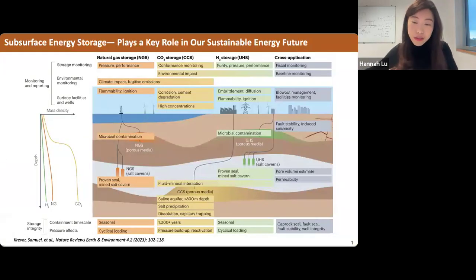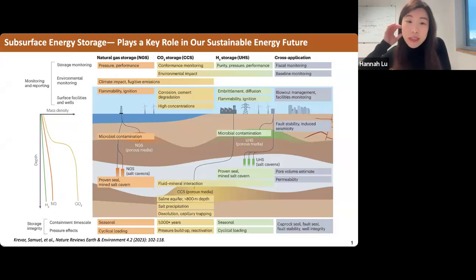I am mostly interested in subsurface energy storage. We have had a long history of studying subsurface flows, mostly before for oil and gas production, because even today we still rely heavily on fossil fuel energy.